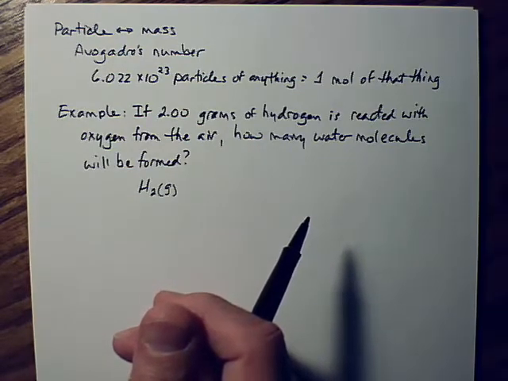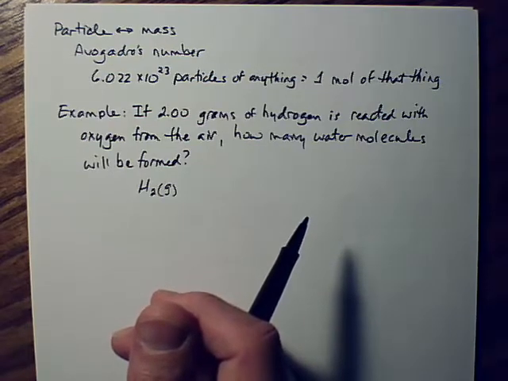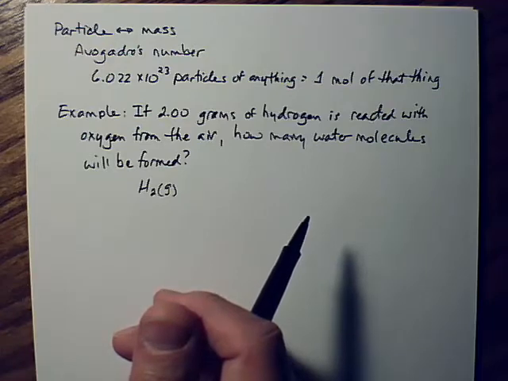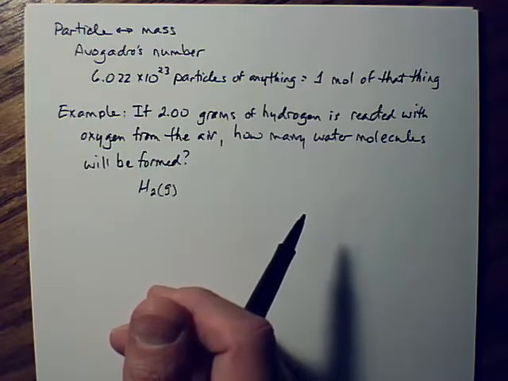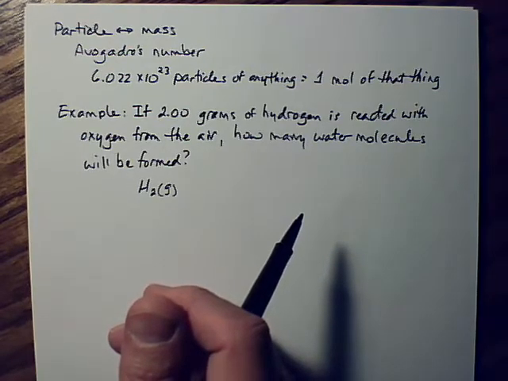When it's in a gaseous form, iodine is also diatomic. Bromine is usually a liquid at room temperature and pressure, but it's also diatomic. It's a diatomic liquid. But I didn't ask you to know those things. I only asked you to know hydrogen, oxygen, nitrogen, fluorine, and chlorine.